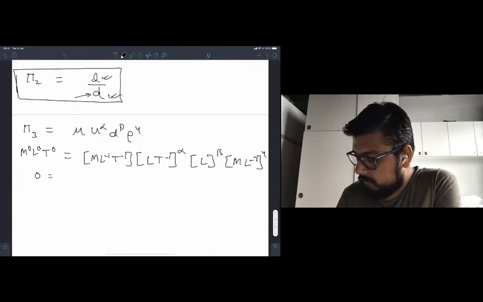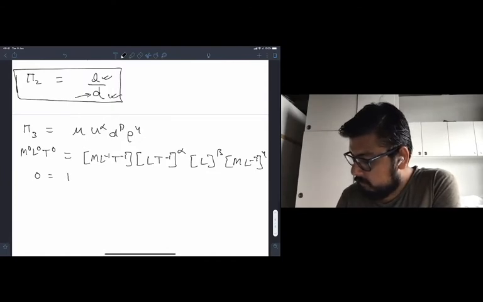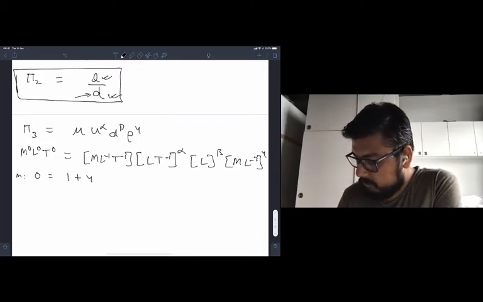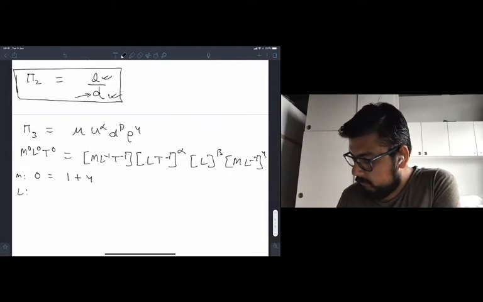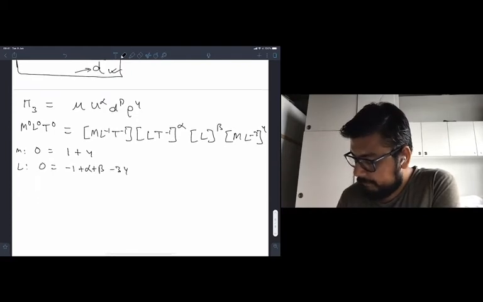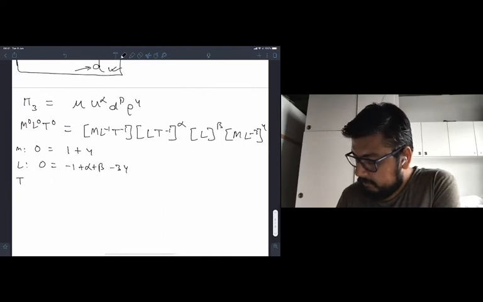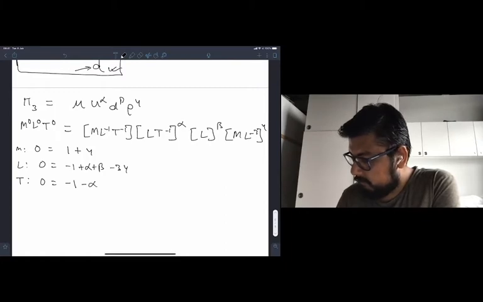So here we have 0 equals 1 plus gamma. This is for mass. For length we have 0 equal to minus 1 plus alpha plus beta minus 3 gamma. For time we have 0 equal to minus 1 minus alpha.